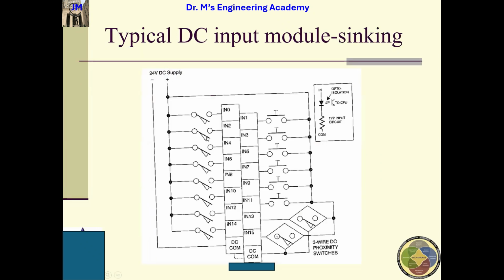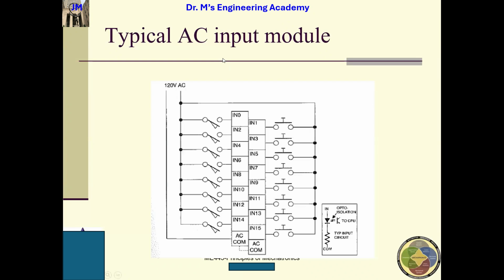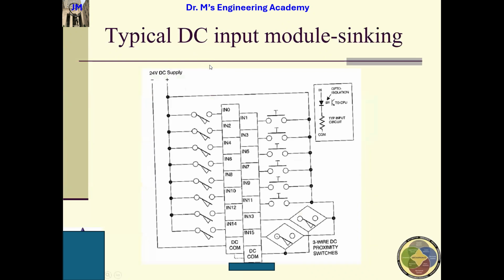So this is an AC input, and we also have a DC input module. Here, this one is from in to the common, and this is also one direction. The whole thing here is called an opto coupler.